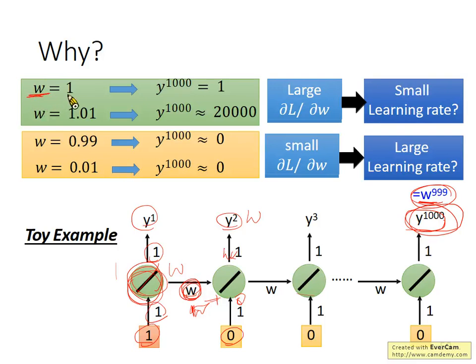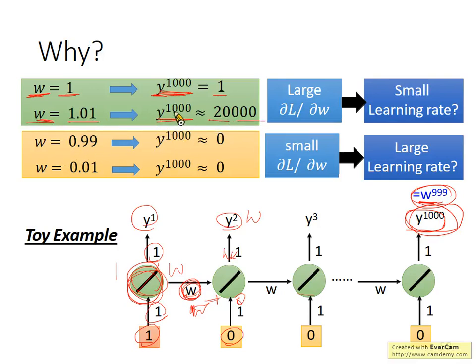In this case, let's imagine how different values of w influence the result. If w is equal to 1, then the final output y1000 will be 1. If w is equal to 1.01, then the final result will be around 20,000.